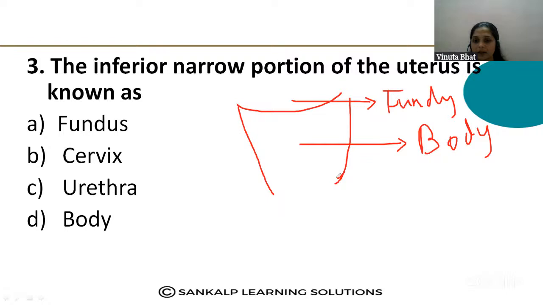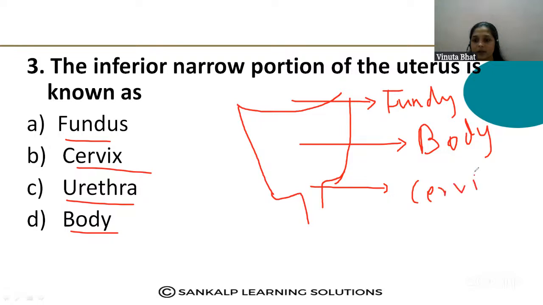And here the narrow end part is called, what is it called? Is it fundus, cervix, urethra, body? Urethra is the opening, but here this is called the cervix. Narrow inferior portion of the uterus is known as the cervix. Correct answer is cervix.